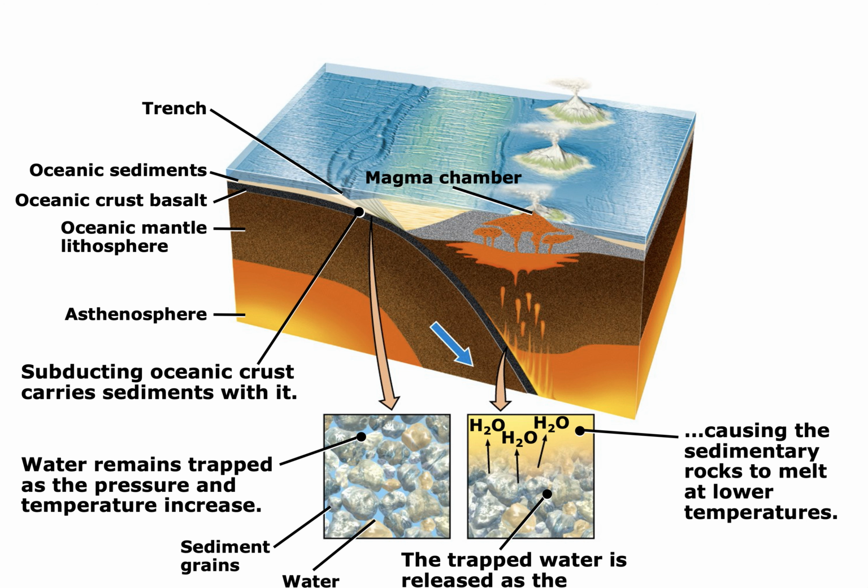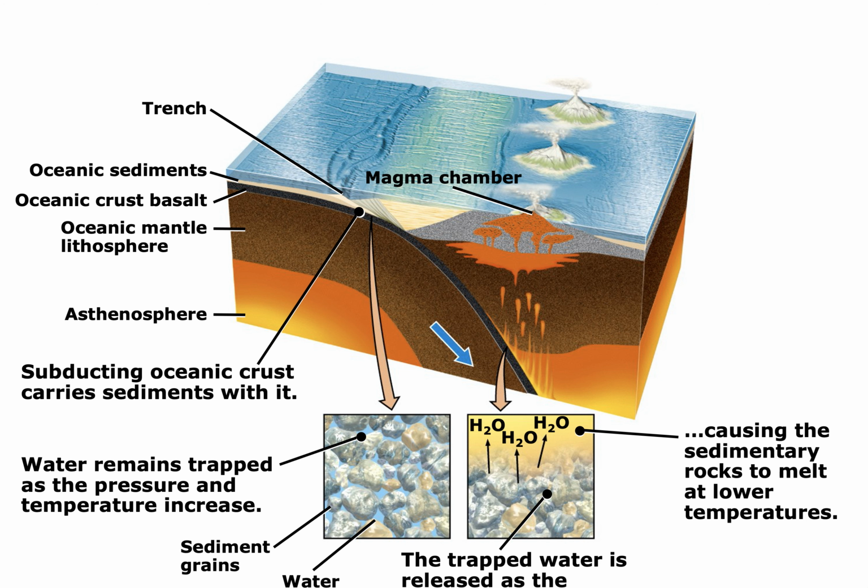So, this release of water will cause the sedimentary rocks to melt at lower temperatures. As I told you before, in principle it is correct, but not in nature. But we will discuss the formation of melt in the subduction zone more in detail.